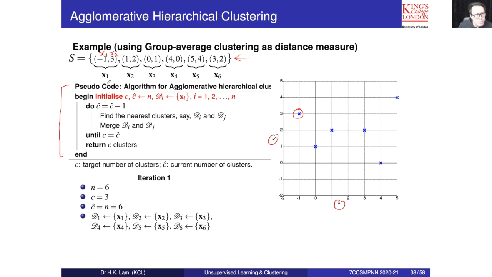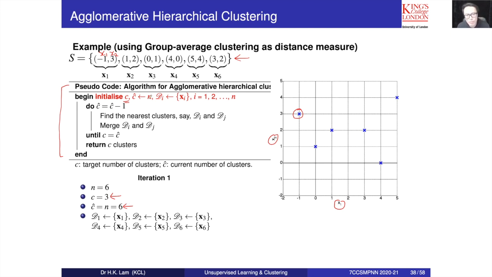Once we have the dataset ready, we initialize the value of C. The value of C is the number of clusters we would like to divide this dataset into. We pick this value to be 3, for example, and then we set up a counter C hat. C hat indicates the current number of clusters in the current iteration.